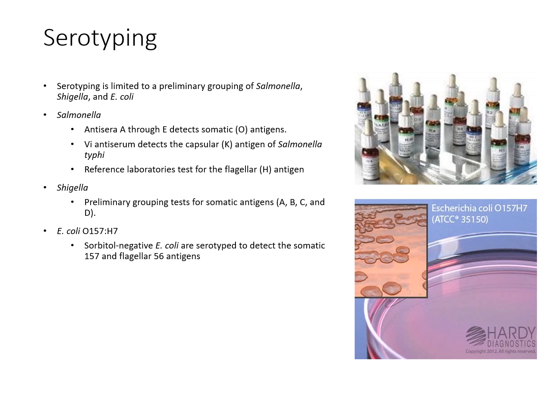So if you were going to serotype any of the organisms to determine what particular virulence they have, then you would actually use a serotyping kit to do this. And so these are more often used for your Salmonella, Shigella, and E. coli. With your Salmonella, you're looking for antisera A through E, which is looking for those O antigens.